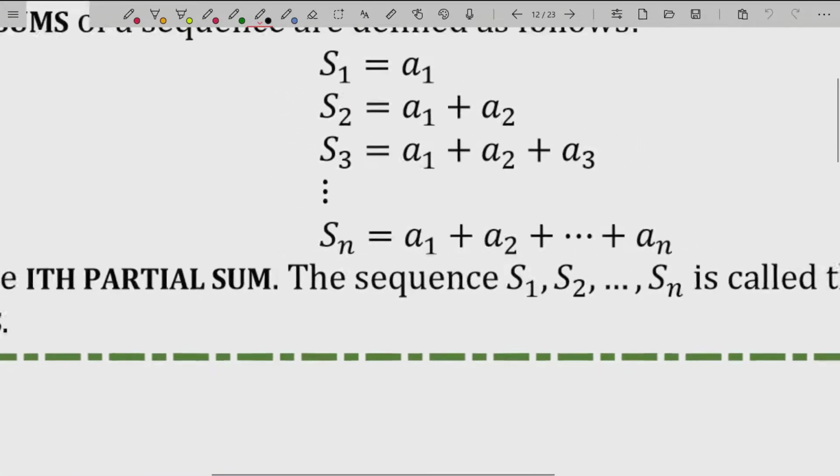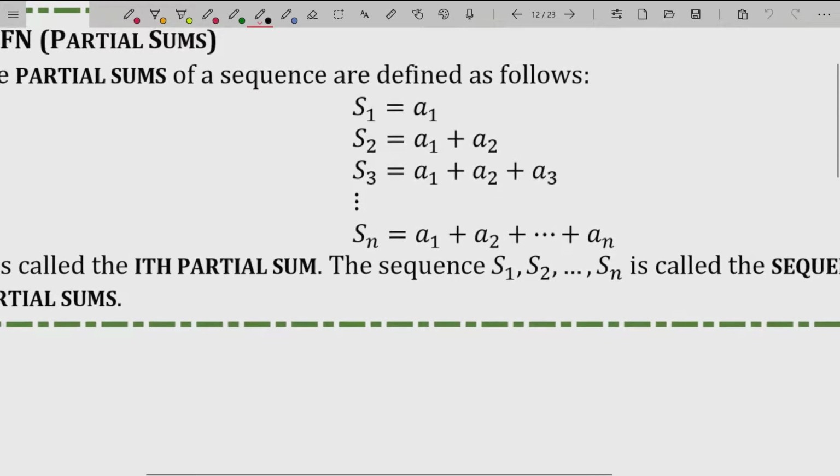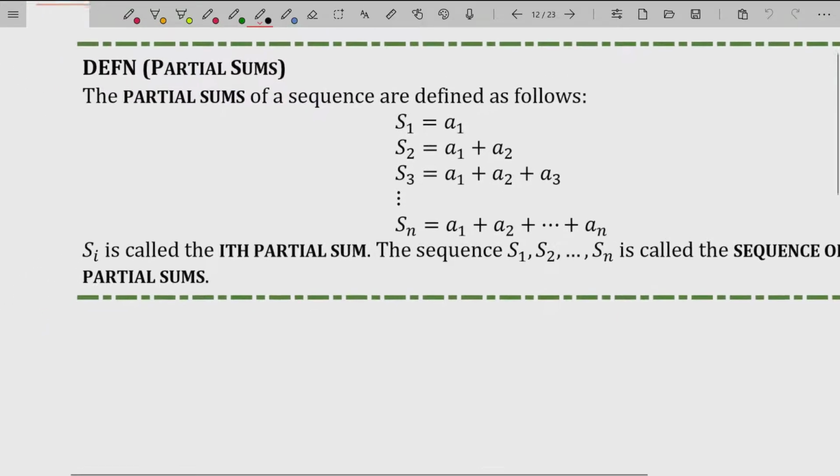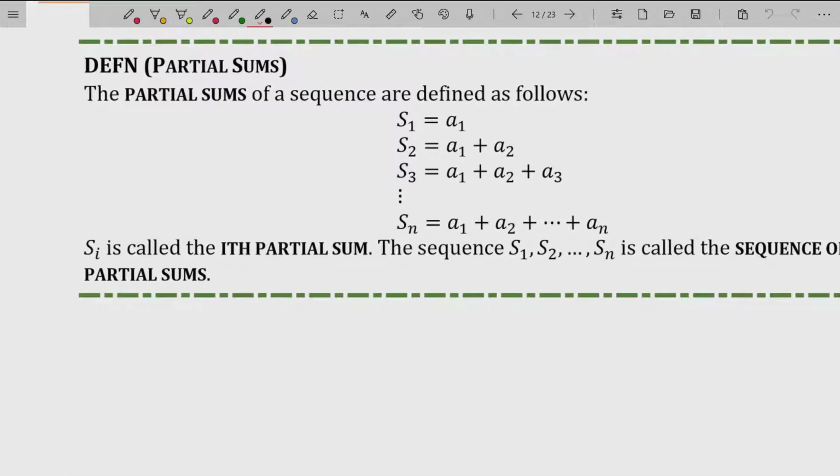Maybe I should make a bigger deal about this. You have two sequences. You have a sequence A1, A2, A3, and so on and so forth down the line. That's your base sequence. That's what I'm always going to refer to as the base sequence. It's a sequence that everything else is based upon.